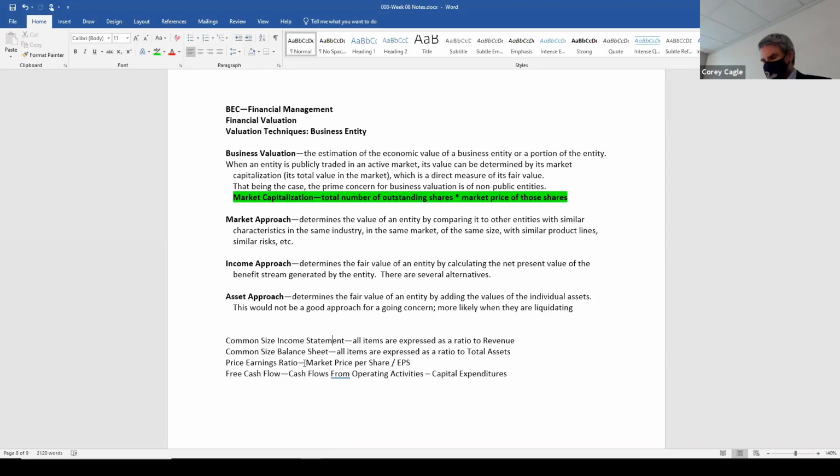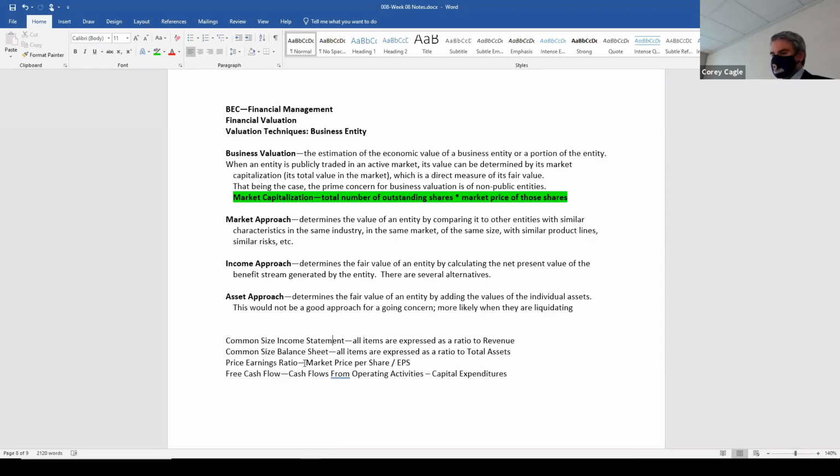But free cash flow carries it a little step farther and says these companies are going to need to keep spending on capital expenditures to keep the business going as it should, right? These are necessary, vital expenditures for a company that wants to maintain. So free cash flow is everything left over after those necessary capital expenditures.